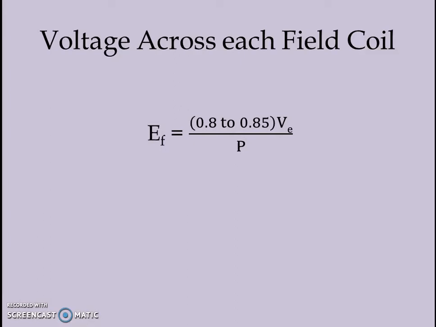So 80 to 85% of the exciter voltage will ultimately reach the field winding, divided by the number of poles P. From this equation, it is very easy to calculate the actual voltage across each field coil.